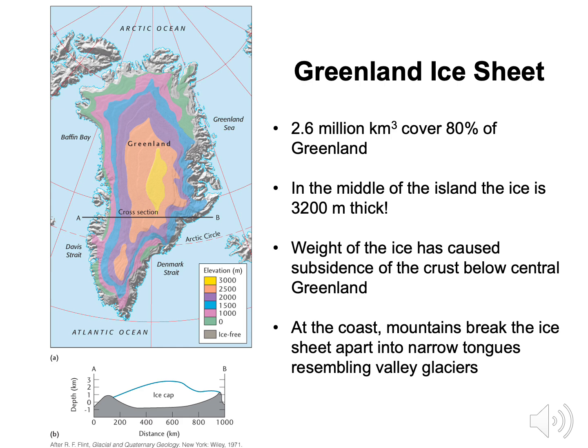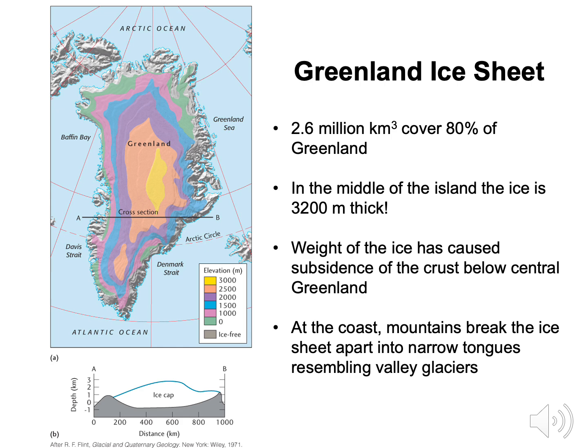We can get a sense of this cross-section view of how extensive this ice is by looking at the image below the map on the left-hand side of the screen. This shows us that there is an ice cap that reaches the highest elevations in the center. What you might also notice here is that the ground beneath the ice cap has begun to subside or sink.